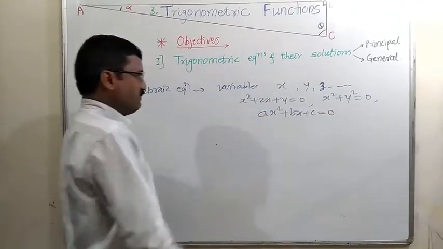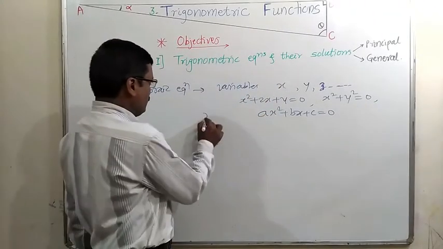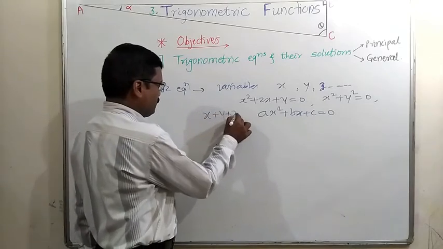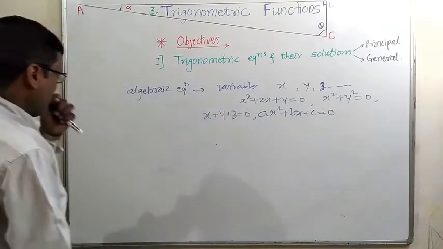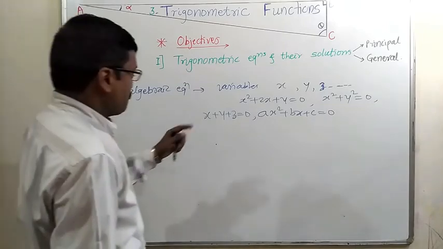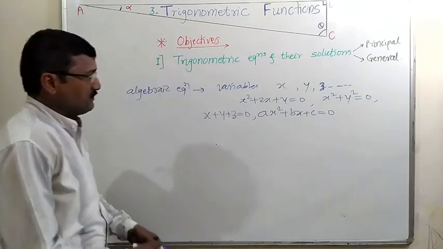These are some examples of algebraic equations, or a linear equation x plus y plus z equal to 0. These are some algebraic equations that we have learned up to 11th class.